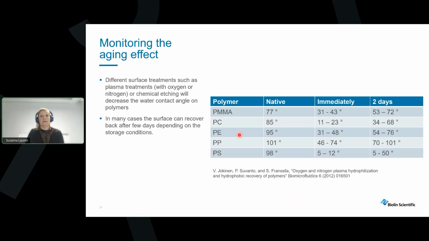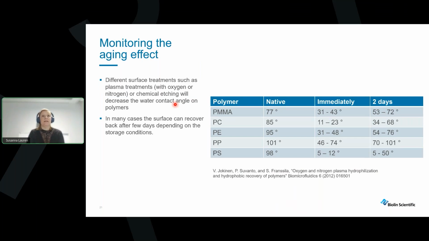And this is a study made some years ago already, but this is just to show how different surface plasma treatments, in the publication, they actually used oxygen and nitrogen plasma to decrease the water contact angle of the polymers.